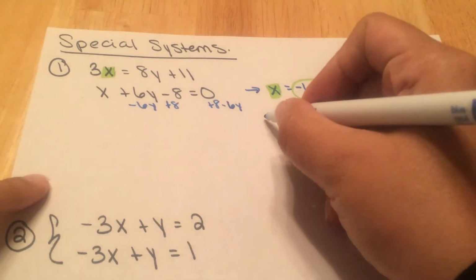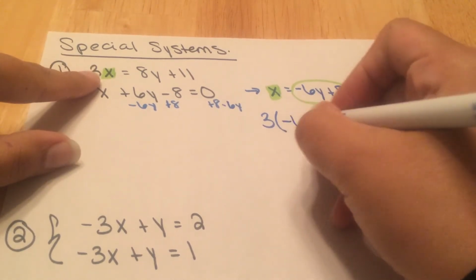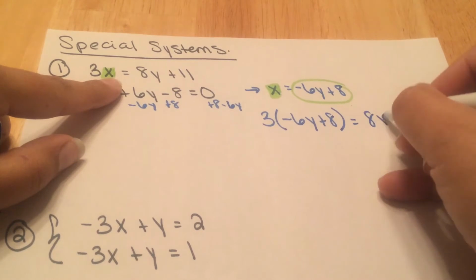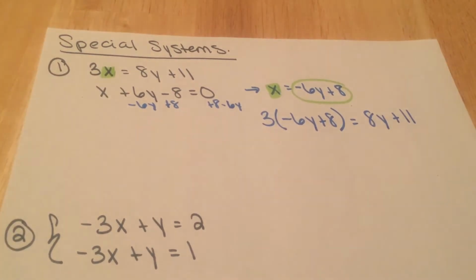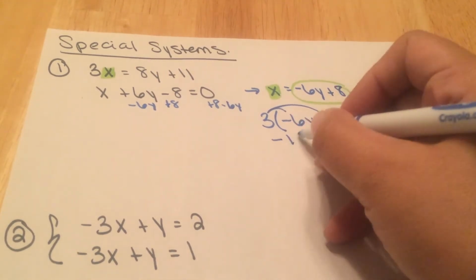So I'm going to end up with 3 times (-6y plus 8) equal to 8y plus 11. So if we look at that, we can go ahead and just solve by distributing.